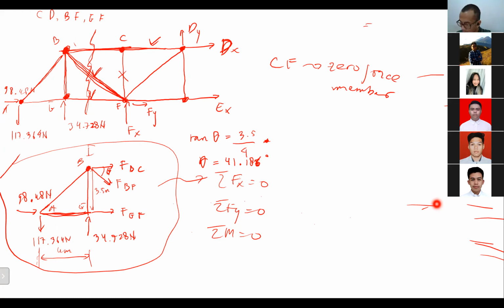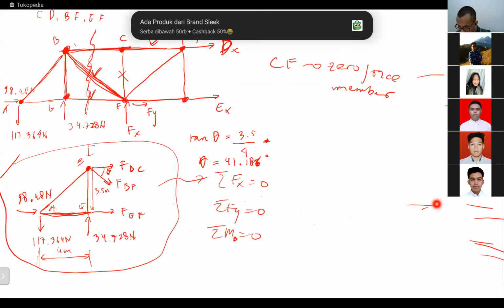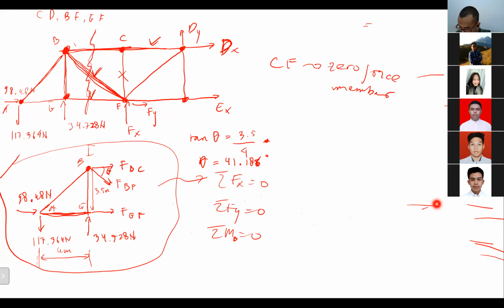Let's try to calculate it together. Sigma moment at point B equal to 0. All the forces there will be there, so I will list out all the equations.